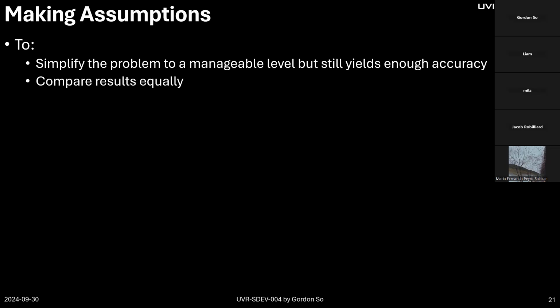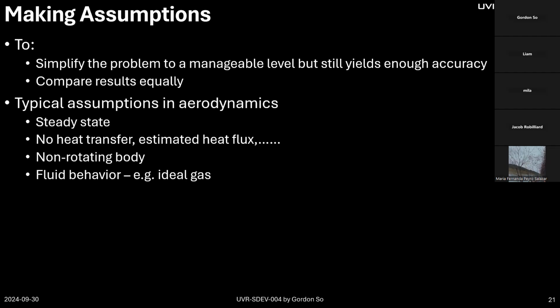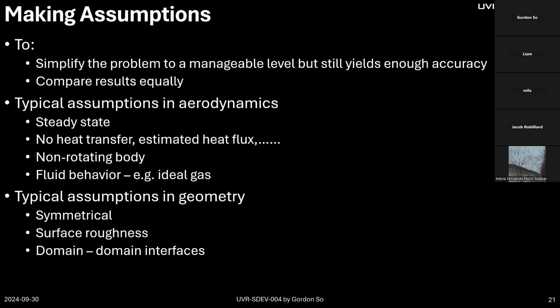So make sure you use the same assumptions if you have two test cases. Some typical assumptions would be steady state, no transient state, your flow is steadily flowing. No heat transfer, of course, that's the biggest thing, because you don't want to really do it, or you may estimate a heat flux. And then you will do a non-rotating body, which we'll cover at the end.